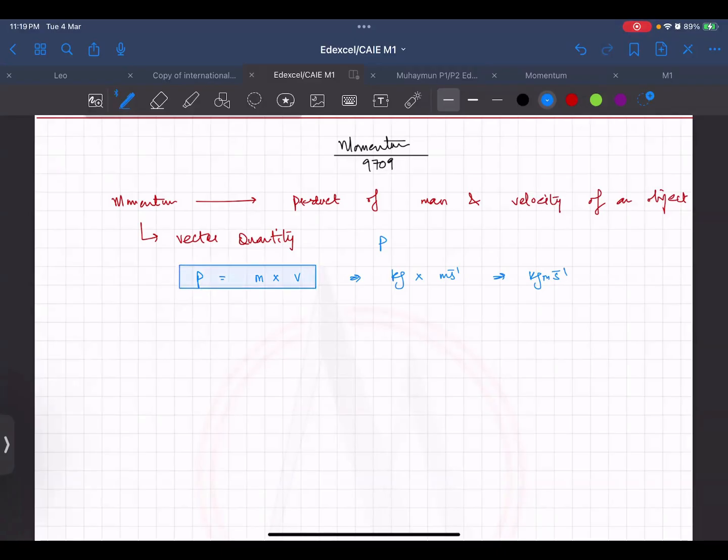For example, there's a car. The car's mass is, let's suppose, 1000 kg and it has a velocity of 30 meter per second. Find the momentum of the car.